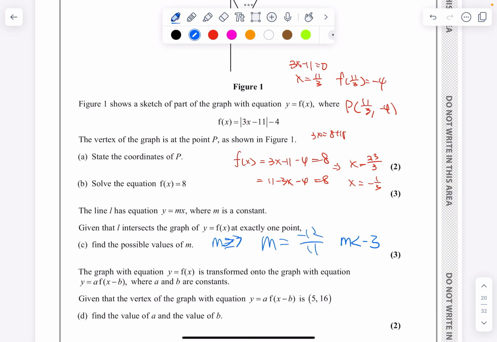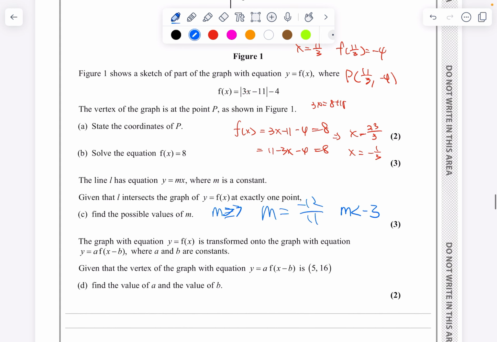The graph with equation y equals f(x) is transformed onto the graph with equation whatever this is, given that the vertex of the graph with equation y equals af(x minus b) is... I don't understand this. Wait a minute.